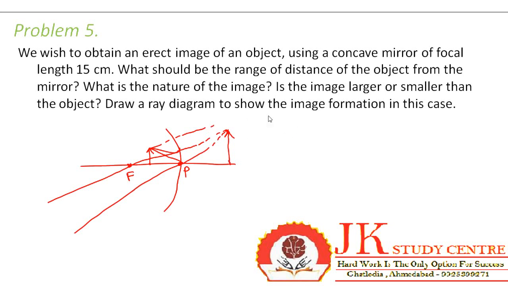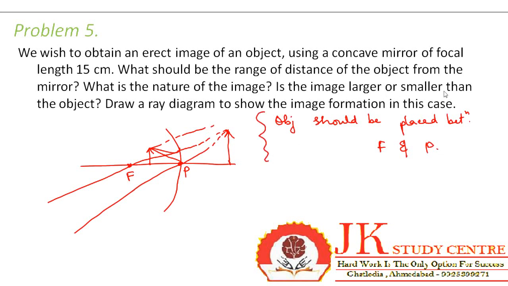So for a virtual image, the object should be placed between the principal focus and the pole. That should be the range of distance, right?